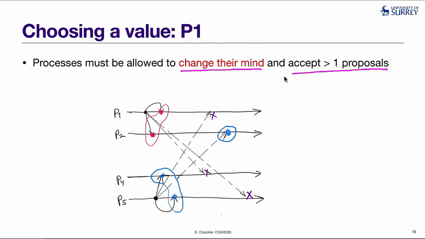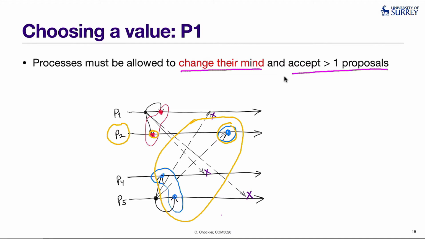If we have this situation that process P3 fails, and with it we have a symmetry between the red value and the blue value, then if, for example, process P2 had been allowed to change its mind, and after initially accepting the red value, later on switch to the blue value, then we have again a chosen value in the system. So in this case, it is this blue value.